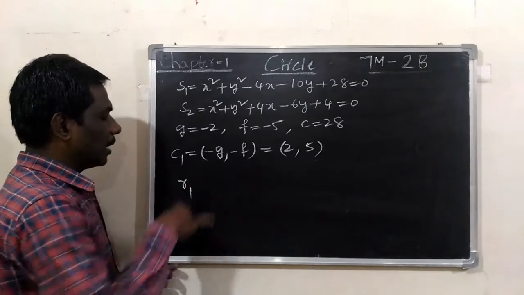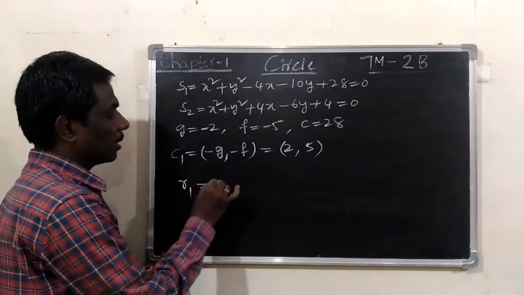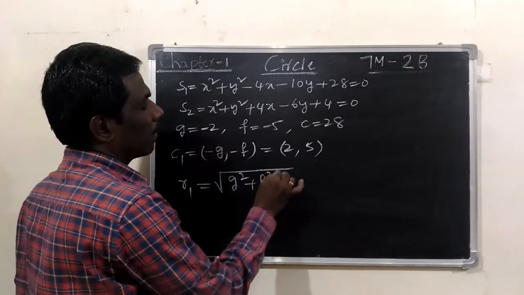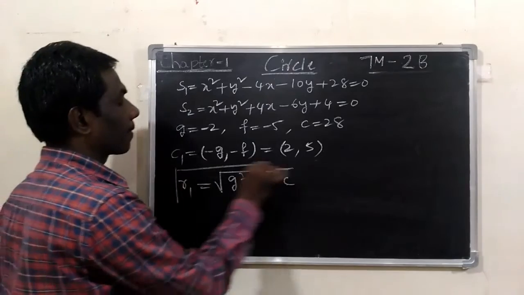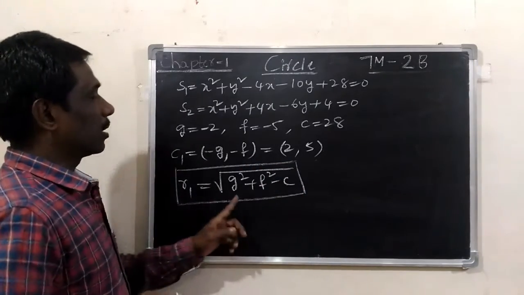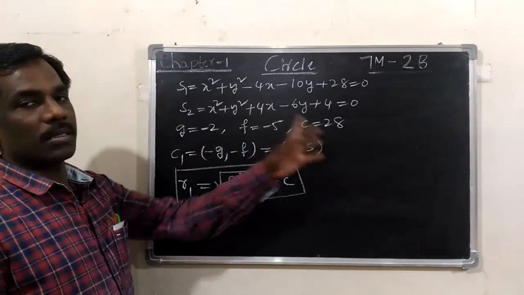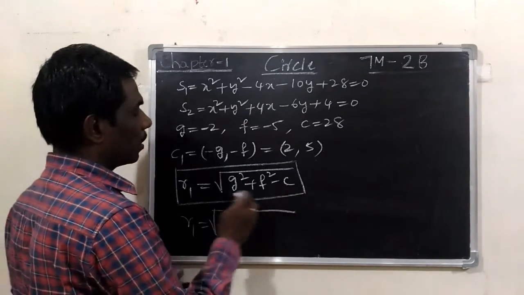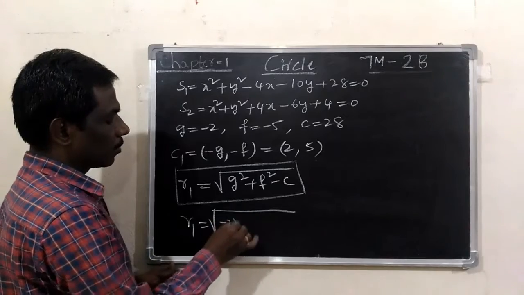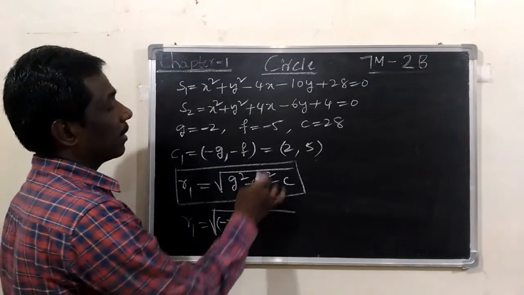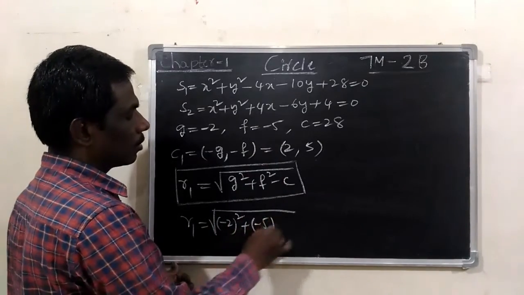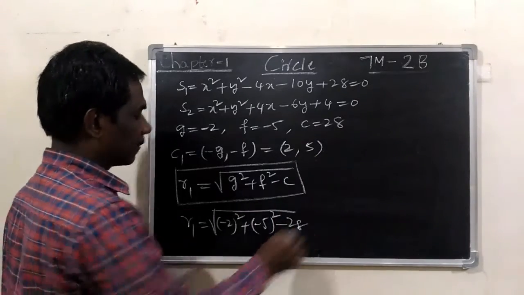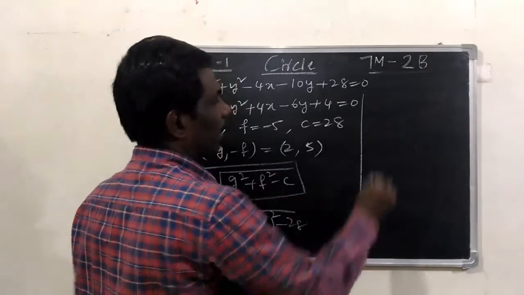Now we find the first radius. Write the radius formula as under root of g square plus f square minus c. Substitute g value, f value and c value. R1 equals under root of g square, g is minus 2, minus 2 whole square, plus f is minus 5 whole square, minus c, and c is 28. So simplify it.